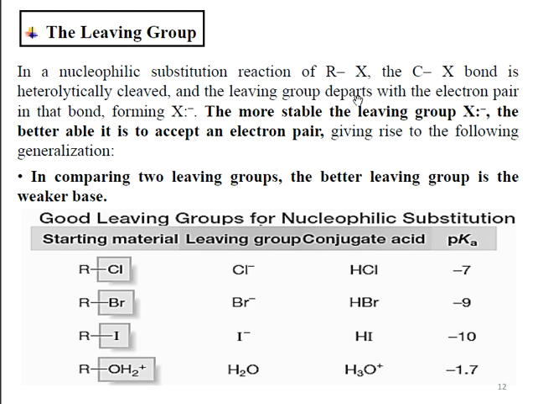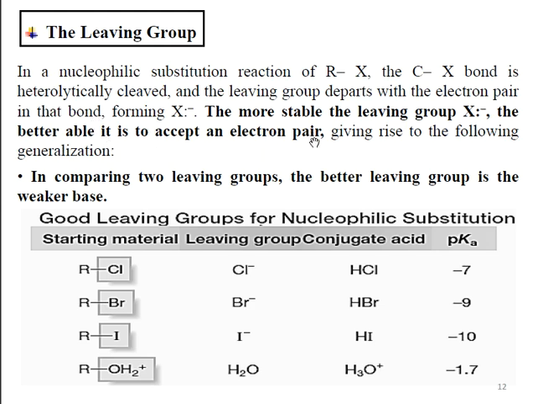The leaving group departs with the electron pair, that means the two electrons in that bond, forming X-. Why minus? Because the two electrons go out with the halogen, with the leaving group. The more stable the leaving group, the better able it is to accept an electron pair.